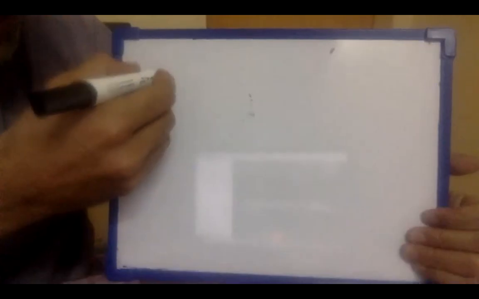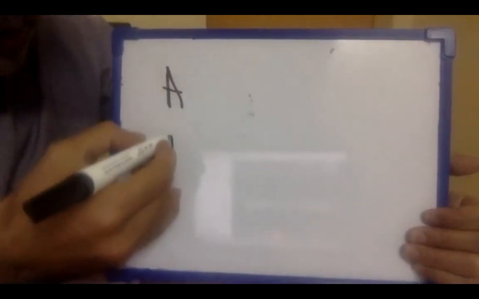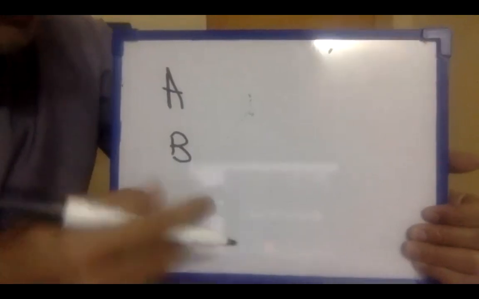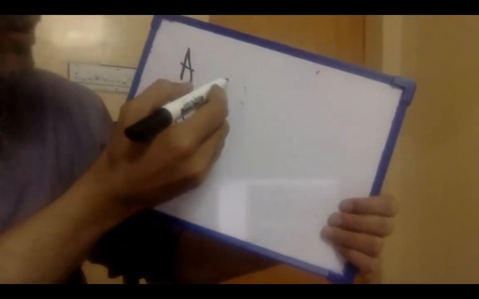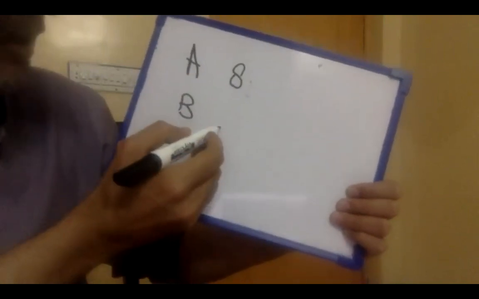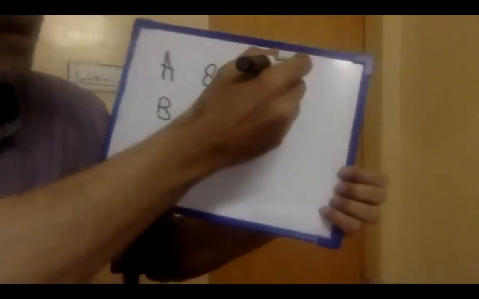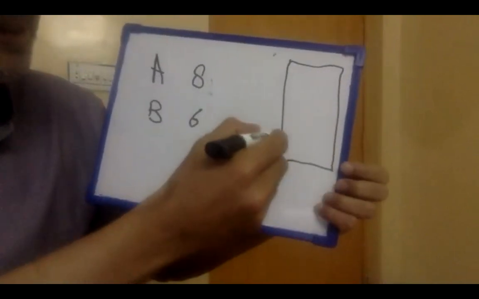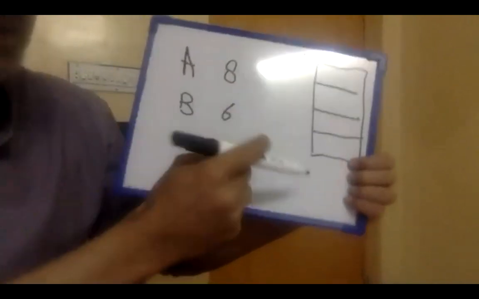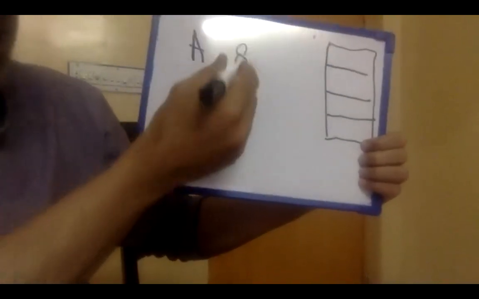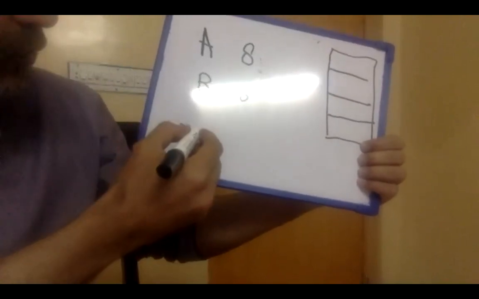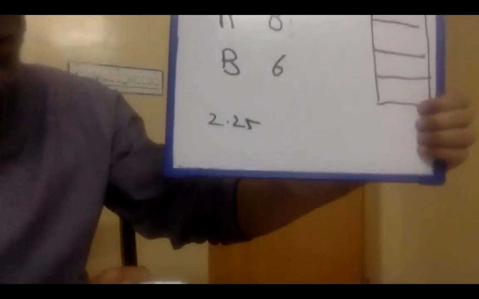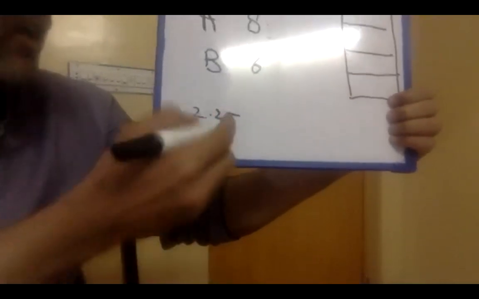So I have a member A and member B. A has the value 8 and B has the value 6, and I have to select 4 members. This is my final selection. 18 divided by 8, we get 2.25, and 18 divided by 6, we get 3.